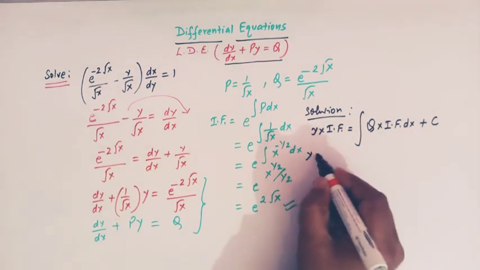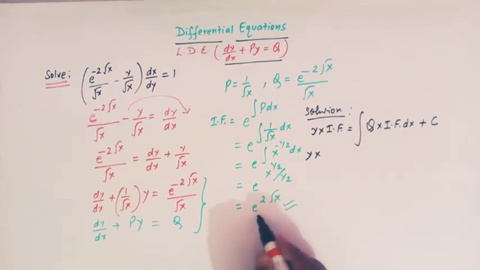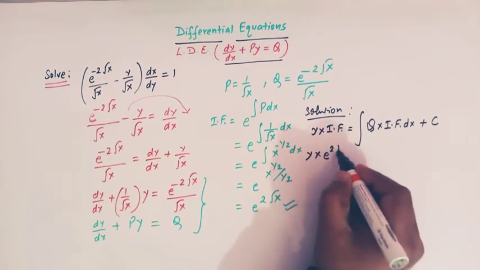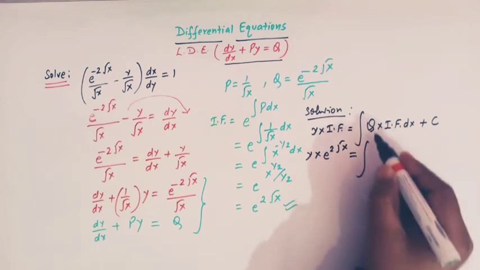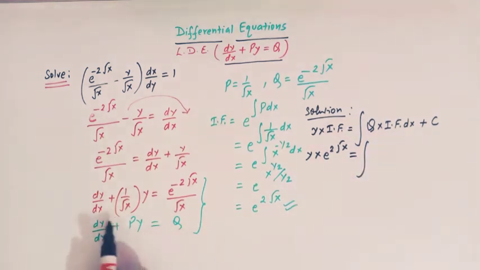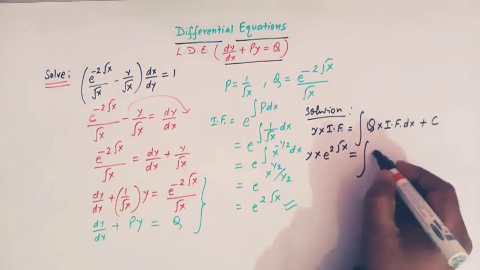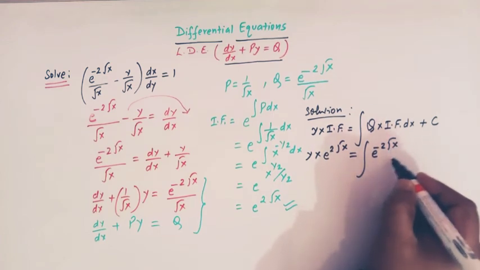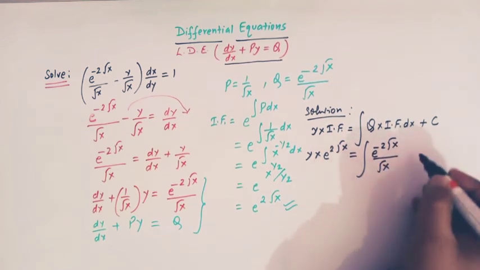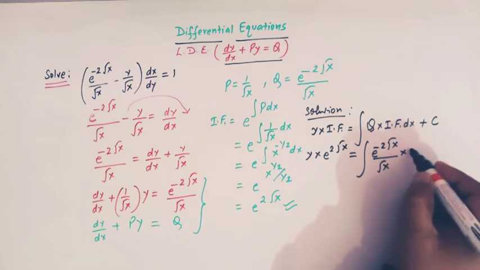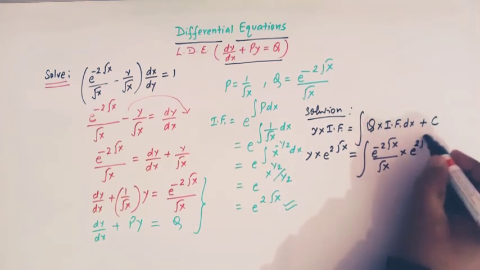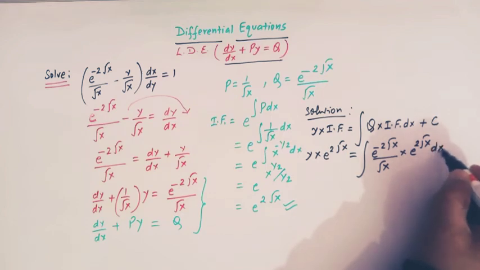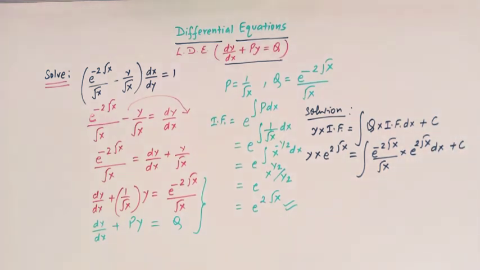So we have y times integrating factor, which is e raised to 2 times square root of x, equals integral of q, and q is e raised to minus 2 root x over root x, times integrating factor e raised to 2 root x, dx plus c, right?